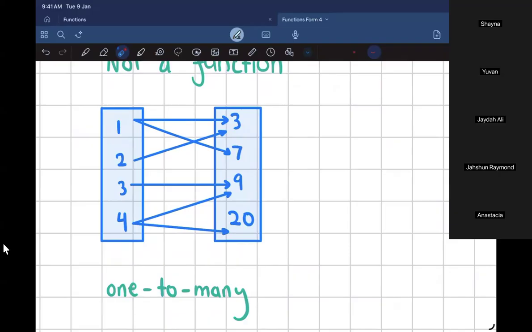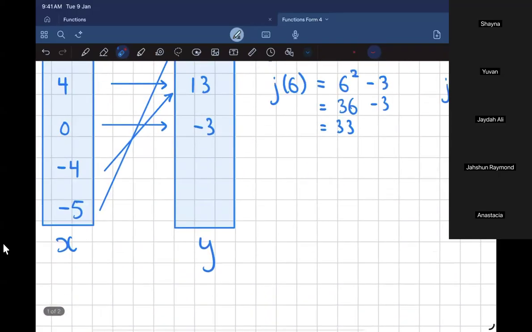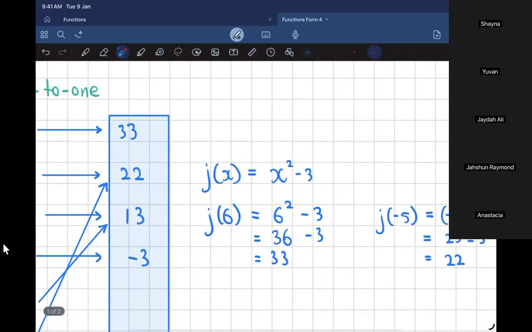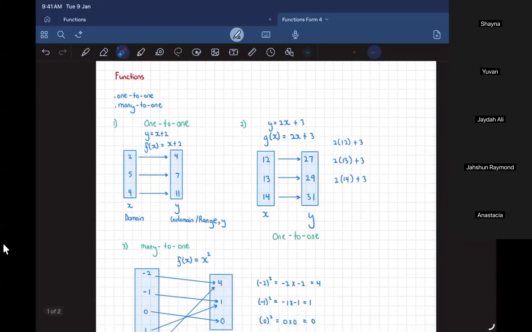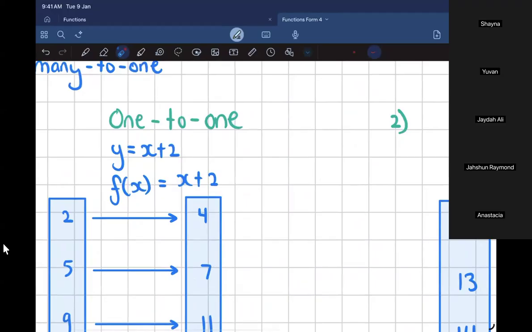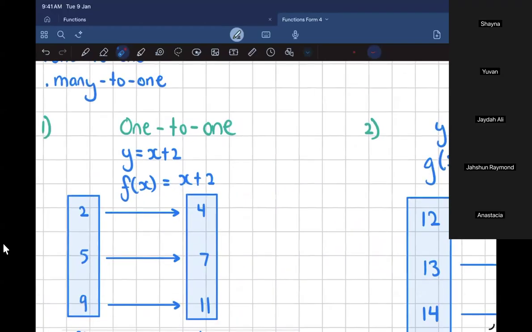Okay, Joshon, let's look at this example. If we have a function x squared minus 3, actually, let me do an even simpler function. Let me just say we have a function y is equal to x plus 2, right? Joshon, if you put 2 into this function, that's going to be 2 plus 2. What's 2 plus 2? 4.